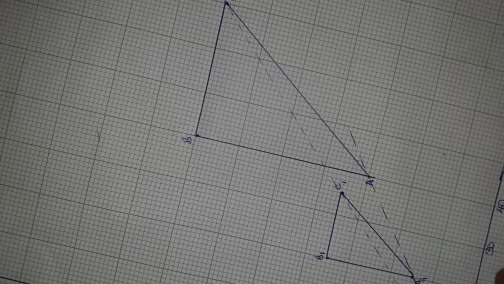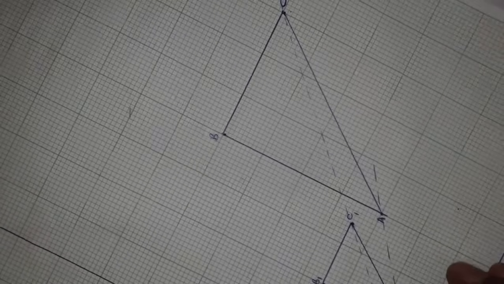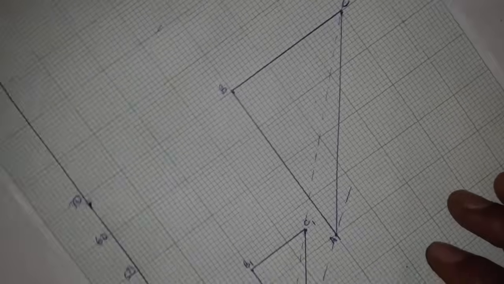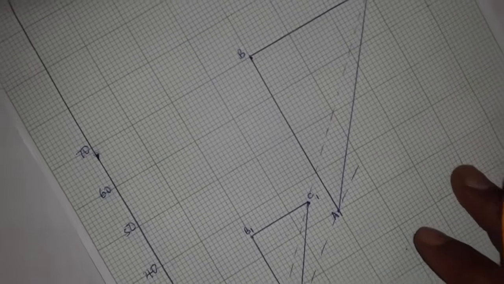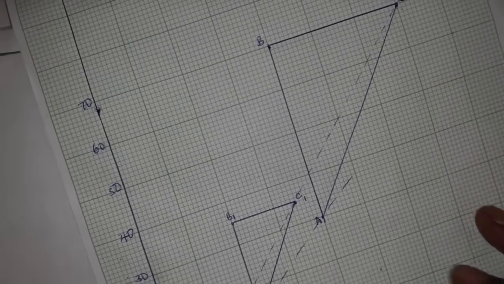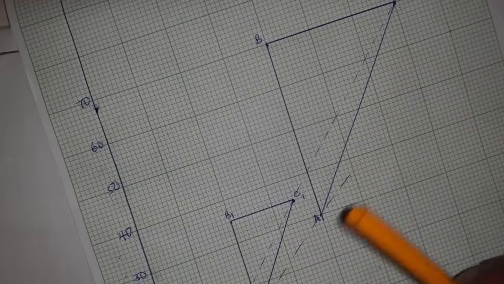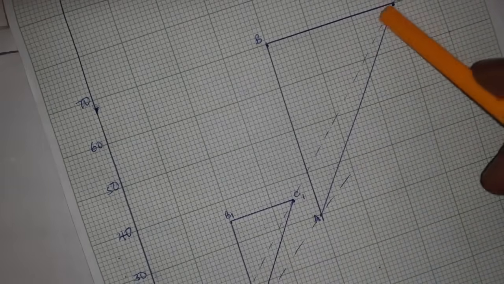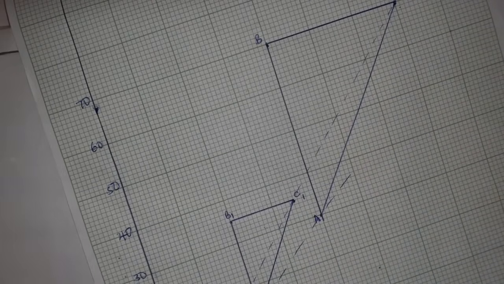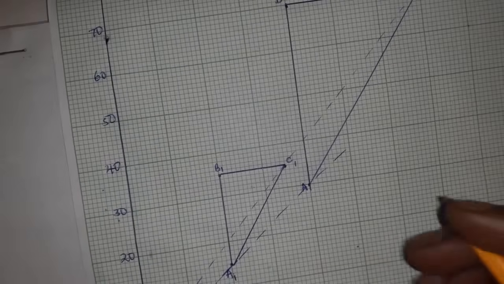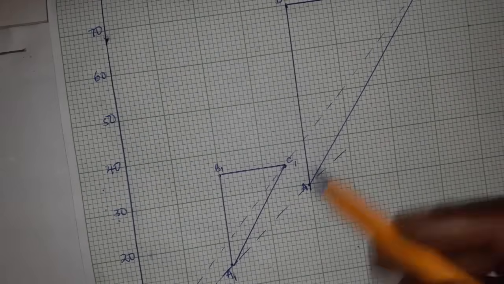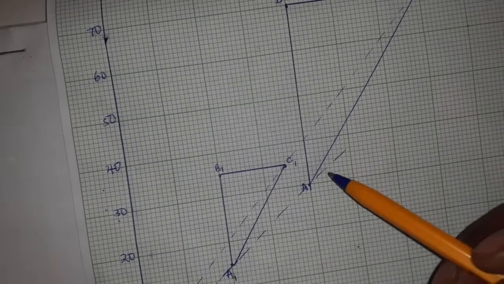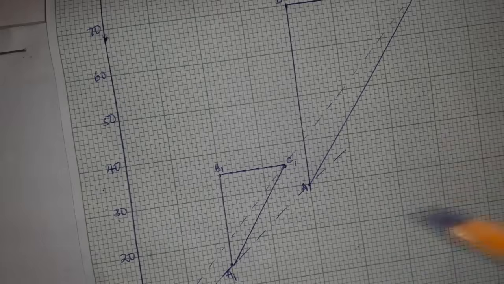Of course, this is enlargement. I was actually trying to look for a longer ruler because the one that I have could not join, so I just had to improvise and use something. So this is enlargement. When we are dealing with enlargement, we need to find the center of enlargement.